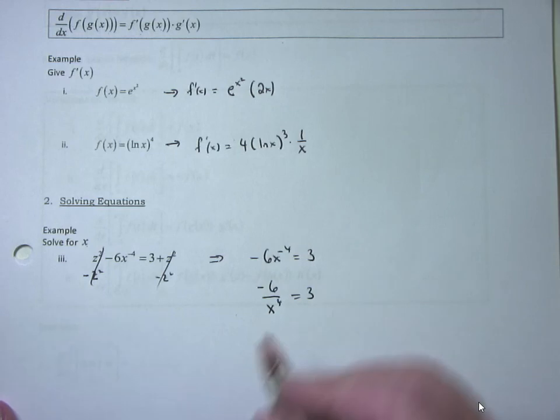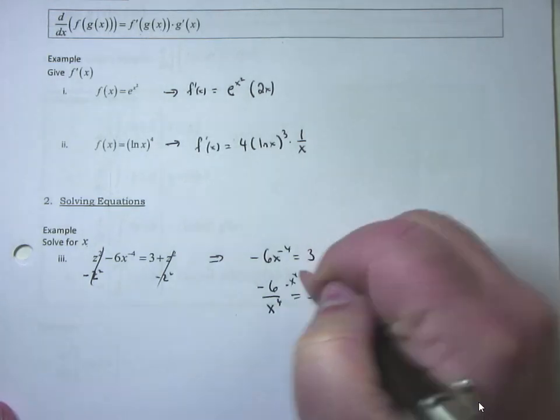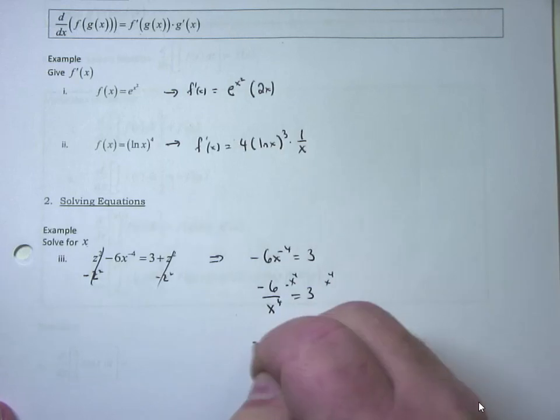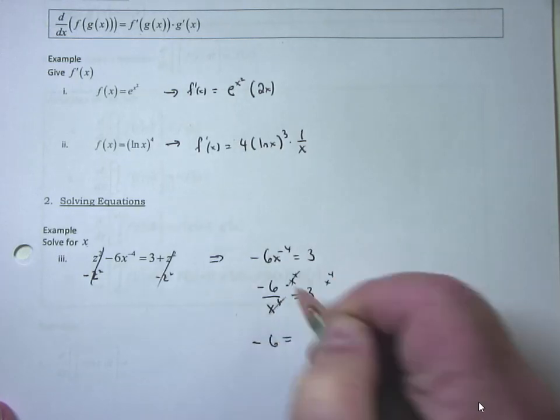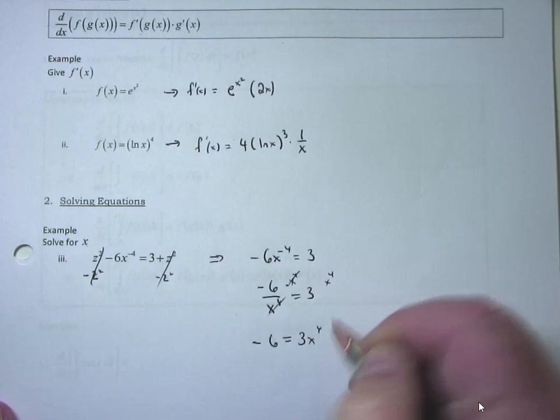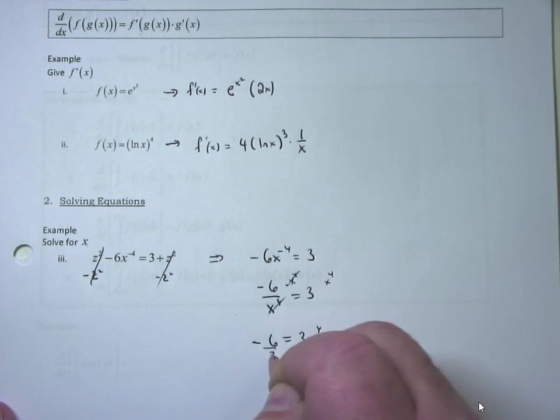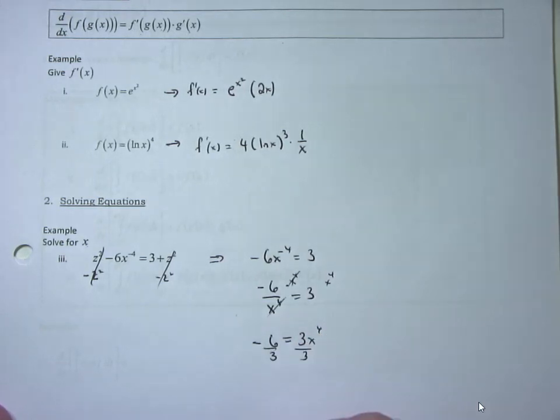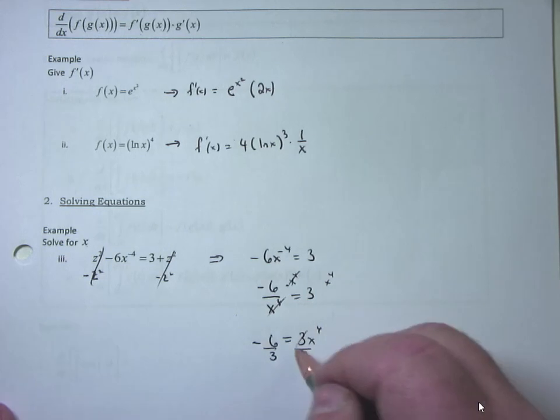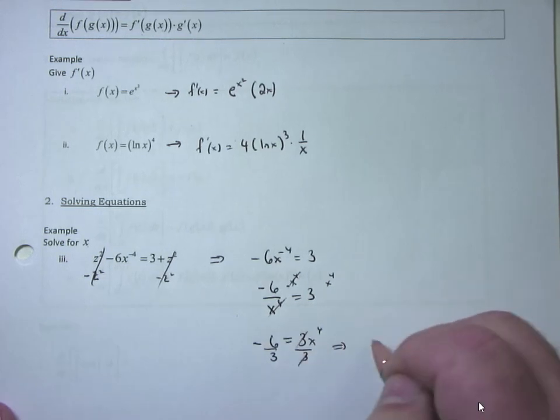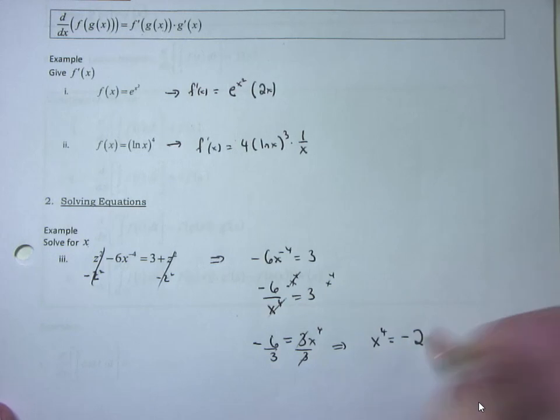Solving for x, I don't like fractions. Solving for anything, I don't like fractions. I'm going to multiply by x to the fourth, common denominator on both sides. That gives me negative 6, here it cancels, equals 3x to the fourth. I'm going to divide by 3 on both sides. This cancels, and I end up getting x to the fourth is equal to negative 2. Now what have I got to do?